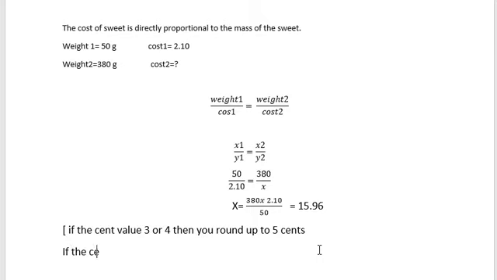And if the cent digit is 6 or 7, then you round down to 5 cents.